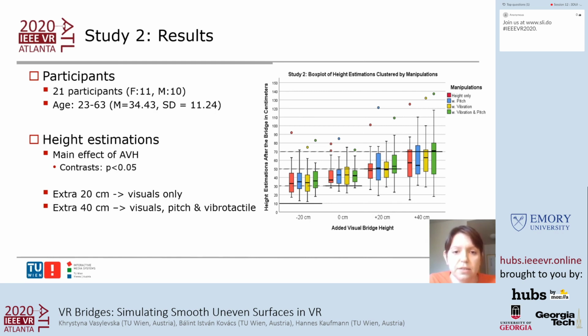And indeed, a similar result was achieved for the +40 added visual height with a combination of vibration and pitch manipulation, where there was also a similar performance in the condition with vibration only. At the same time, the condition with pitch-only manipulation did not perform much better than the visuals-only condition.